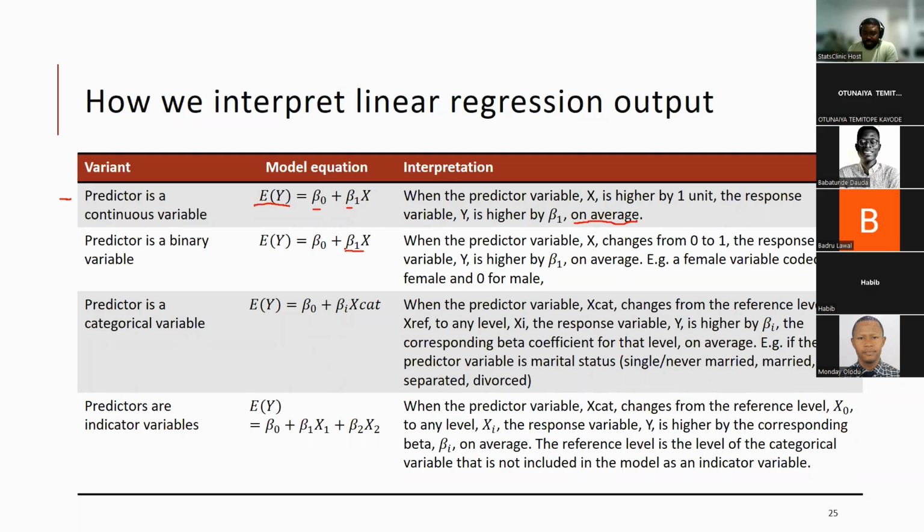Beta 1 is the representation for the x, which is the one we coded with 1, which is female in this example. If it is female, it's beta 1.